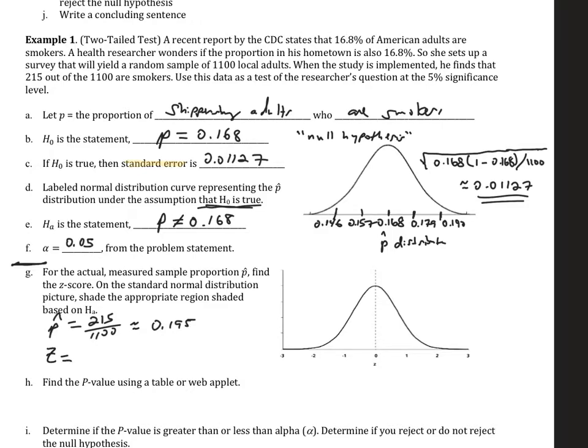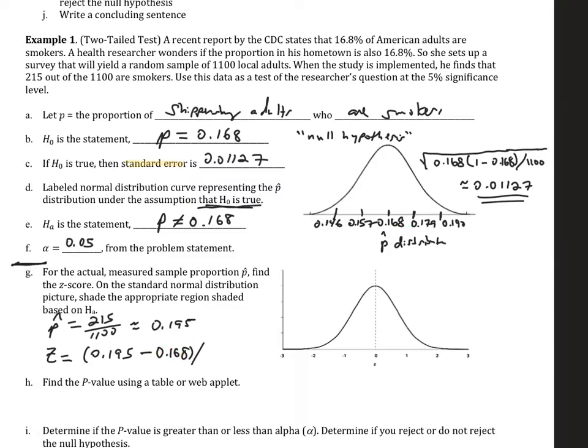So the z-score is going to be the value that I observed, the 0.195, minus the mean. Here I'm looking at this distribution. The mean is 0.168. One of the advantages of drawing the picture is that I have to resolve all of this before I can draw the picture. So the mean was 0.168.